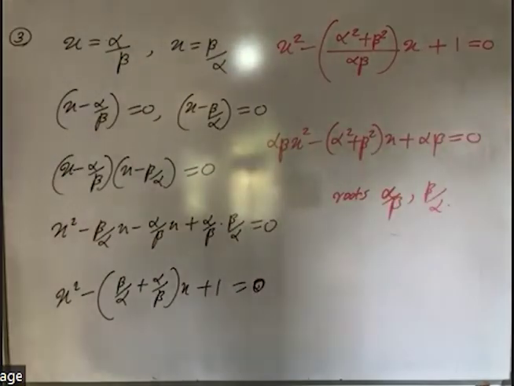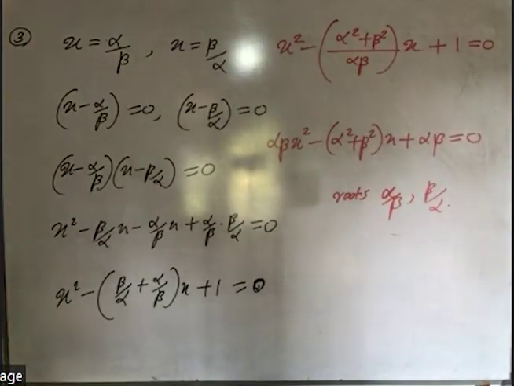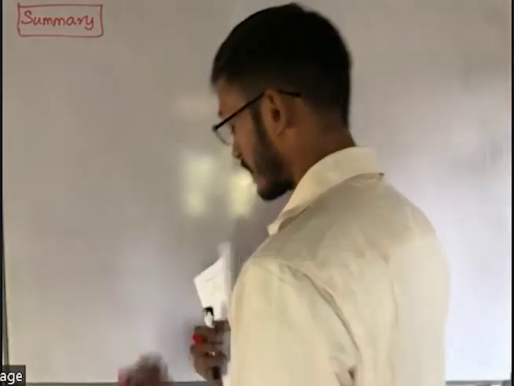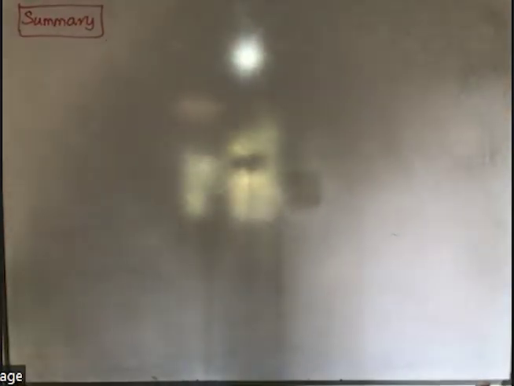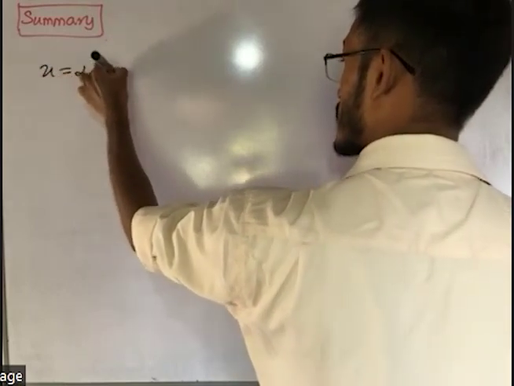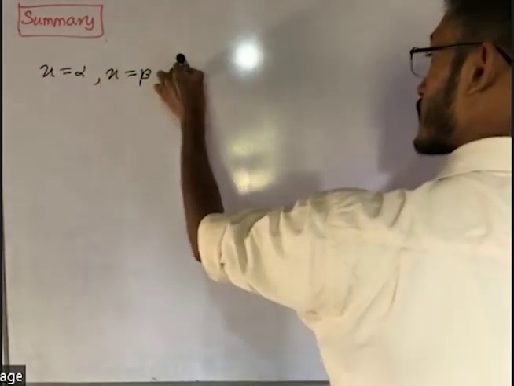Now let's use this result for the next part. Write down as summary in red color. Then in there write down finding the quadratic equation when the roots are given. So look at this. From the previous part, we know that when x equal to alpha and x equal to beta, we have developed the quadratic equation.